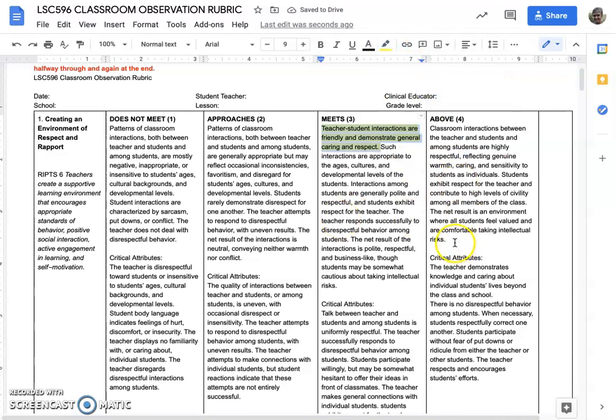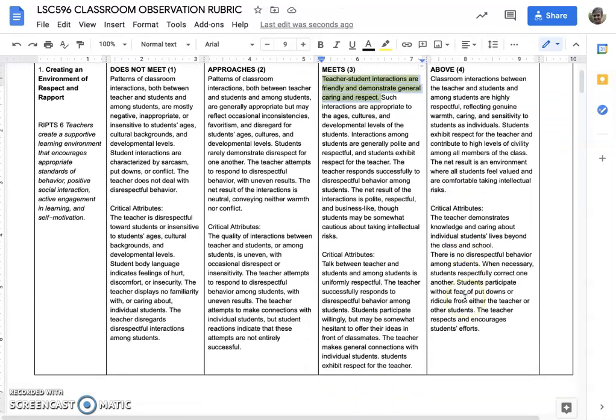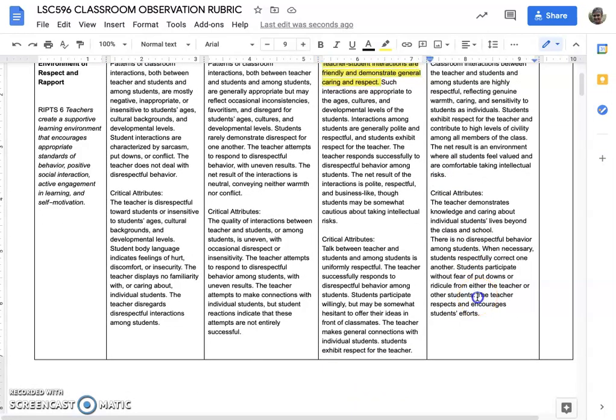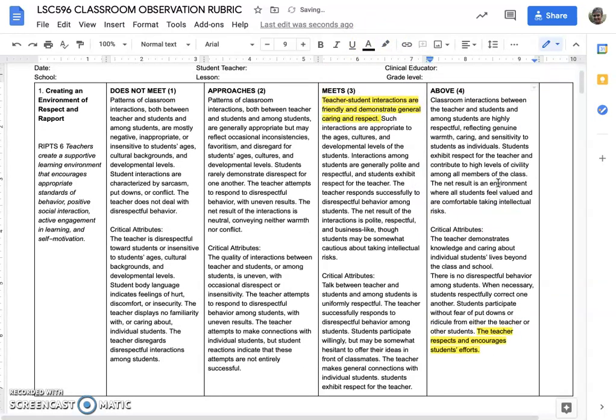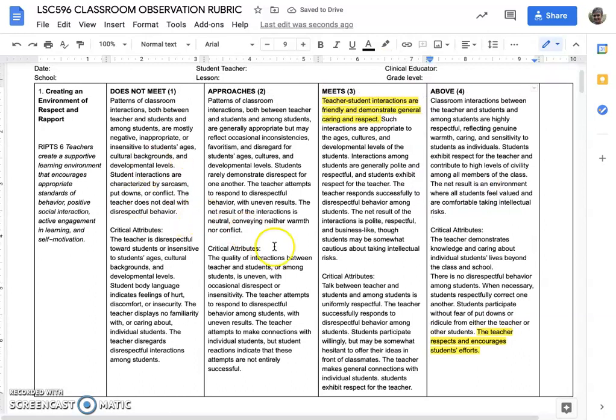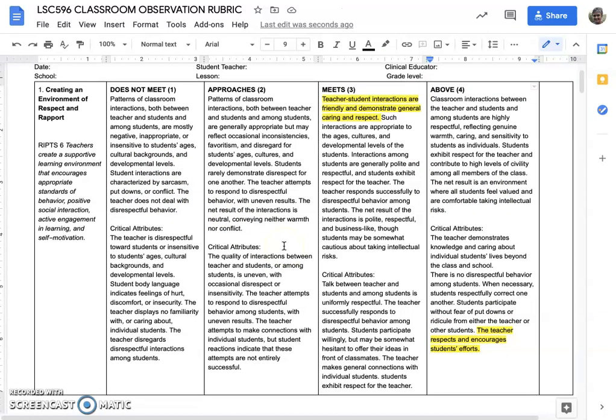Then if I see something else like, I don't know, the teacher respects and encourages student efforts, I might highlight that. I mean, not everything will be highlighted. I'll be picking and choosing, but there could be something even over here. The teacher attempts to respond to disrespectful behavior with uneven results.